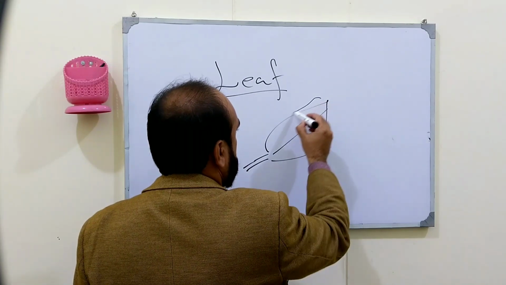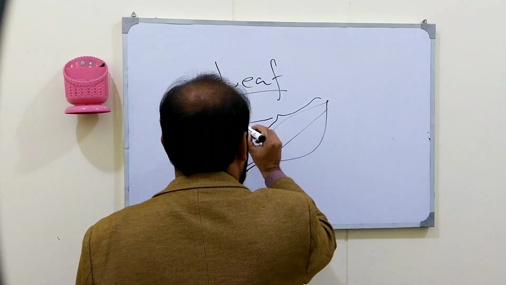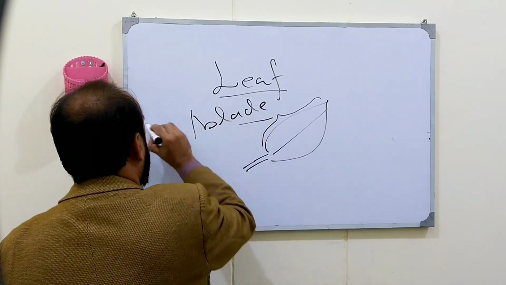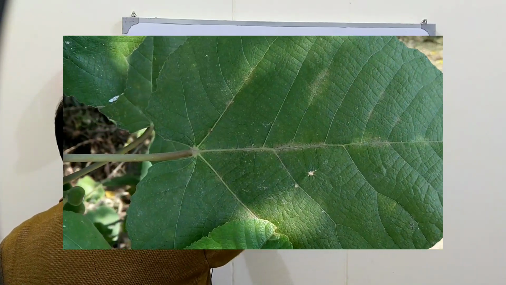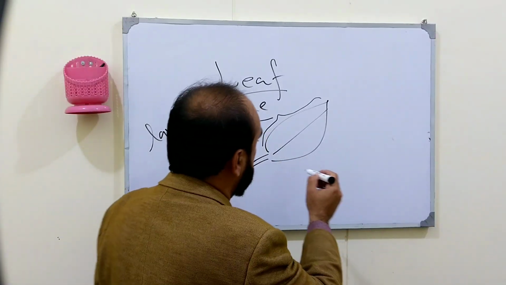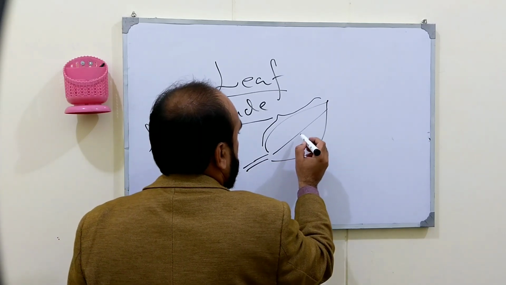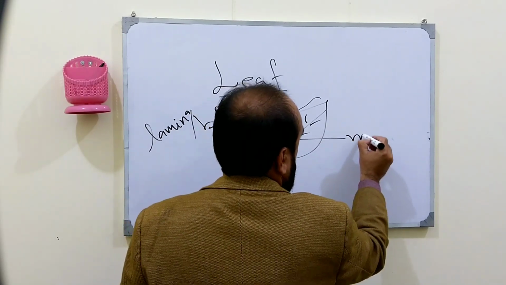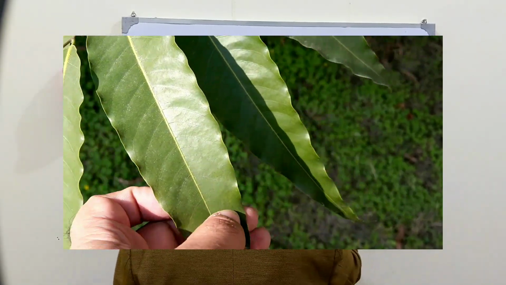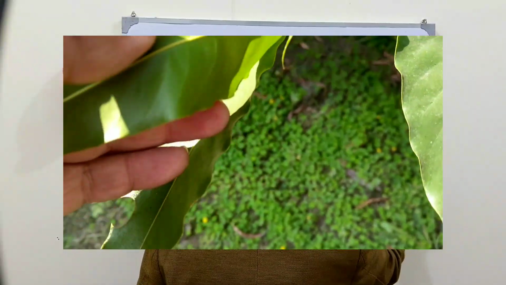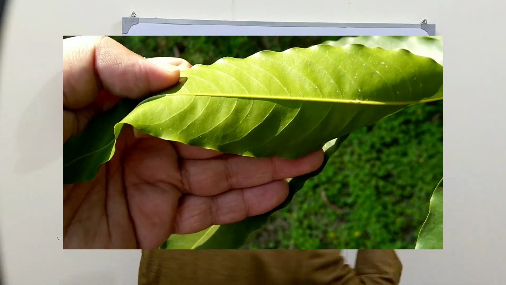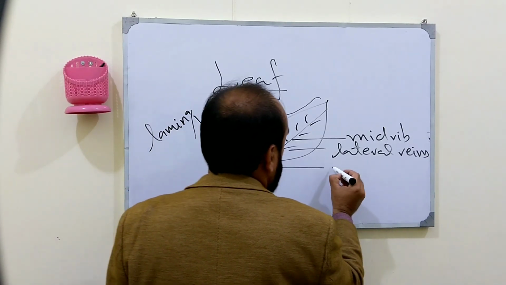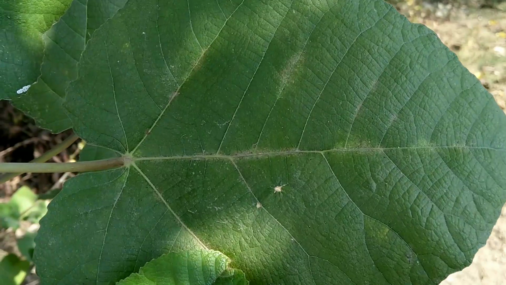A leaf consists of a green expanded part that is called the blade or lamina, where photosynthesis takes place. It can have a central midrib and lateral veins in a dicot plant, and it attaches to the stem by means of a petiole.